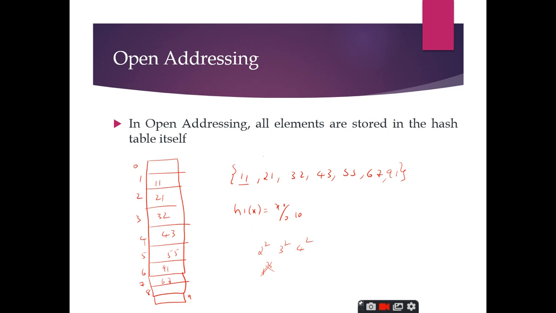If you keep on doing this, the disadvantage that you get is that it forms clusters. All the collided values occupy adjacent locations only, so they form clusters. So the problem with linear probing is clustering.